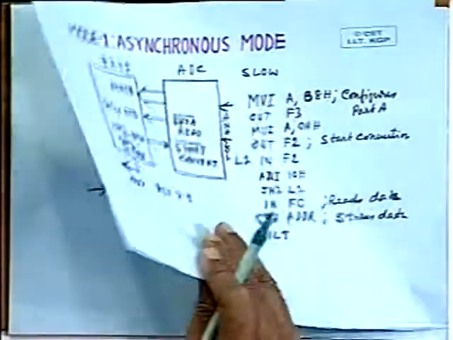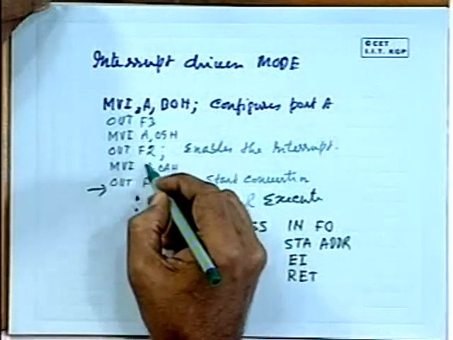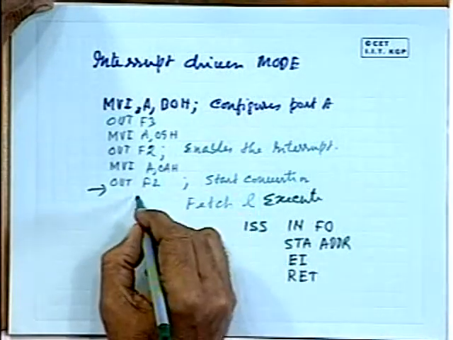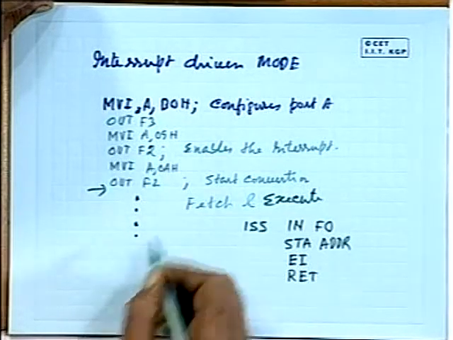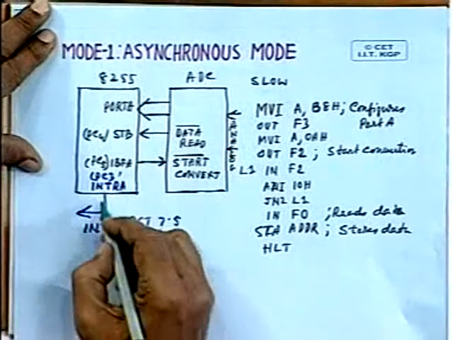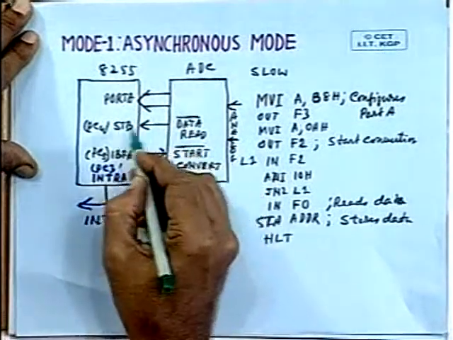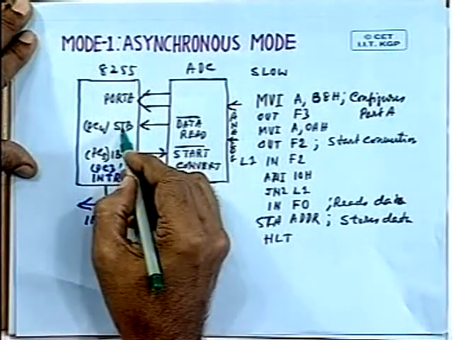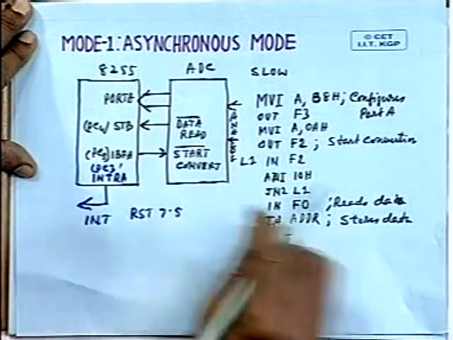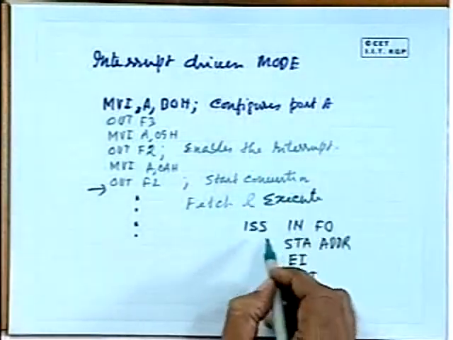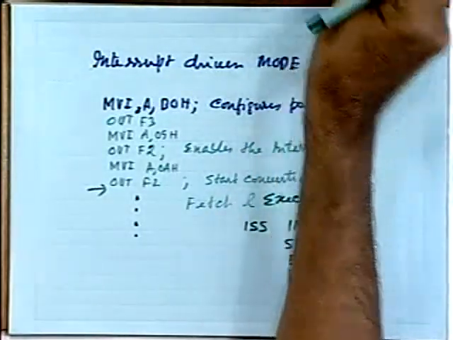On the other hand, in interrupt driven mode, after executing this instruction, it keeps on fetching and executing subsequent instructions, and only when the interrupt is generated as a consequence of the transfer of data from the AD converter to the port A, it will jump to the interrupt service subroutine, as we have seen here.